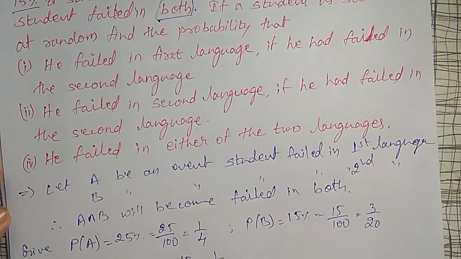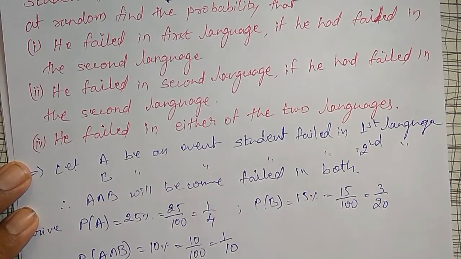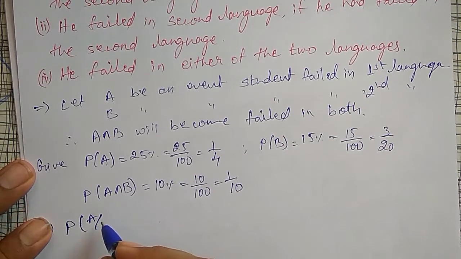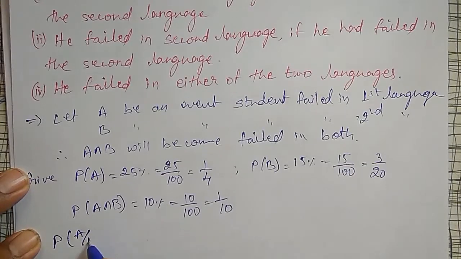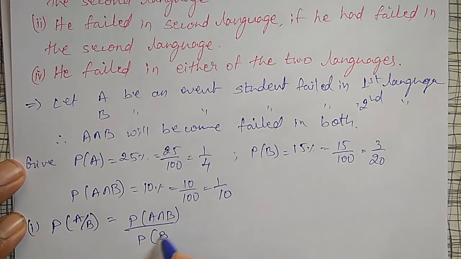I have to calculate the probability of failed in first language, but in the question it is given he had already failed in B. Therefore, it is A relative to B. This is given by probability of A intersection B divided by probability of B. A intersection B is 1 by 10.